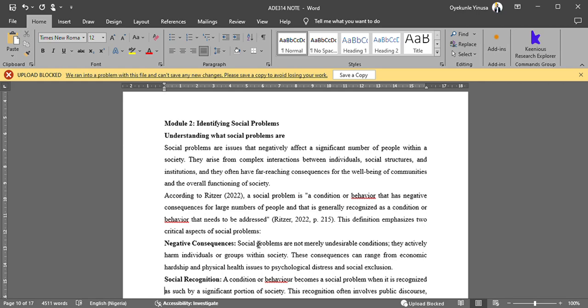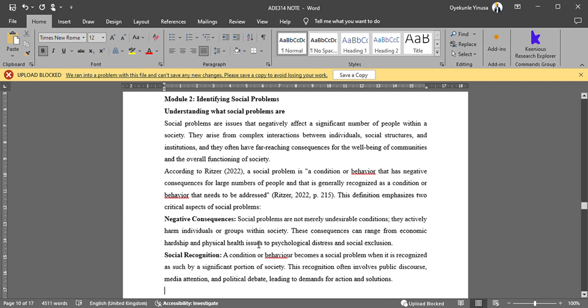Now, two key things you can reflect on in that definition. The first is that it will have negative consequences on individuals, on everybody in the society. Social problems are not merely undesirable conditions. They actively harm individuals and groups within the society.